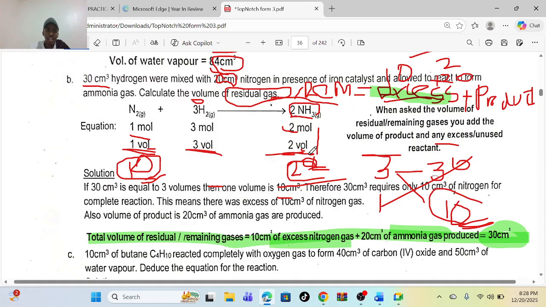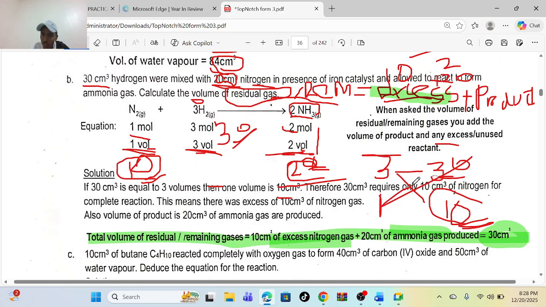So what is reacting with the other? The hydrogen ndio ina mixture na nitrogen. So unaandika ile kitu ina mixture and that is the hydrogen. Hydrogen hasa ni ngapi? Ni 30. So unasema kama volume ni 30 na moles ratio ni 3. If 3 is equals to 30, what about 1?